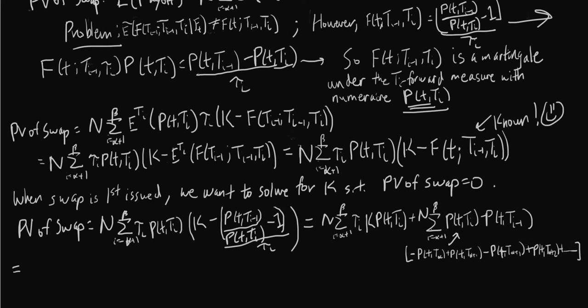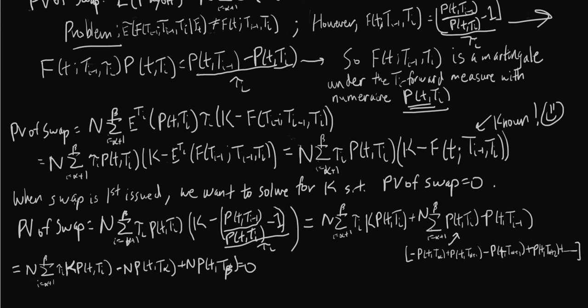You can do the mathematical details for yourself, but once you do that, this sum reduces to negative n times the zero coupon bond price expressed at T_alpha plus n times the zero coupon bond price expressed at T_beta.